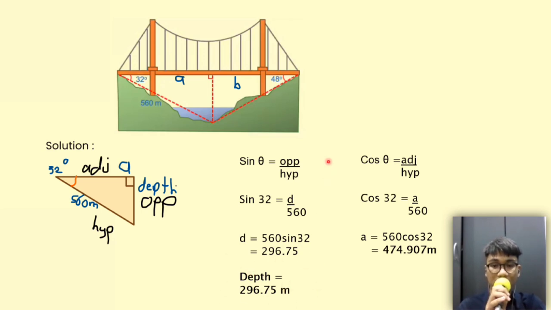And next we are going to search for the length of this, because we want to find the length of the entire bridge. So we have to find this length first, and for that we are going to use the cos formula, which is cos equals adjacent divided by hypotenuse.